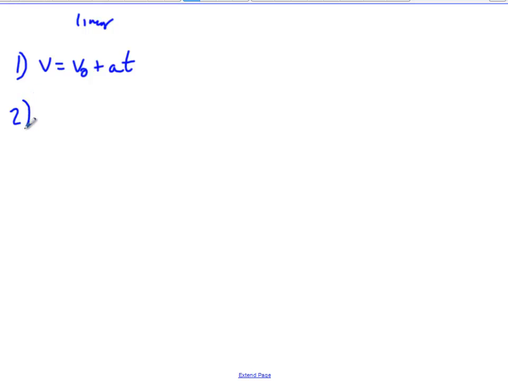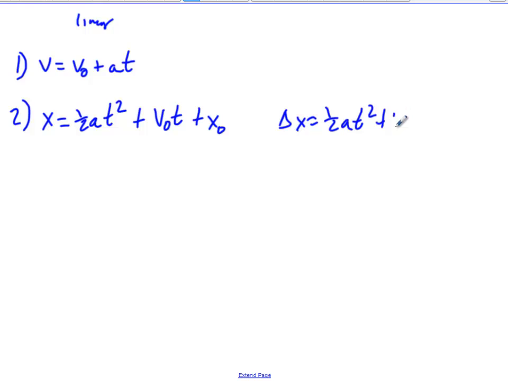Okay, our second kinematic equation was our change in position, or our final position, is given by 1/2 the acceleration times time squared plus the initial velocity times time plus the initial position, right? Sometimes we write this as delta x equals 1/2 a t squared plus v naught t.